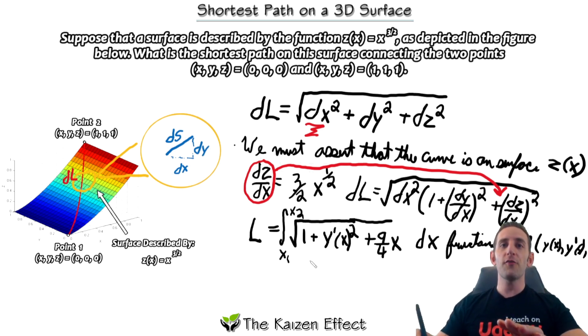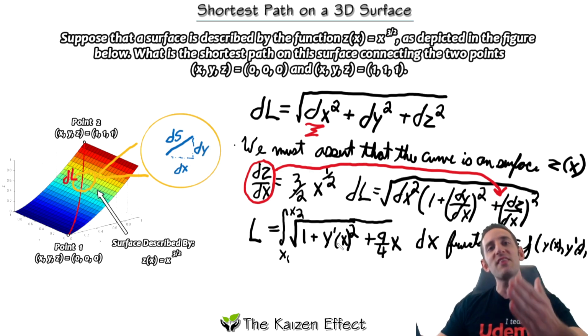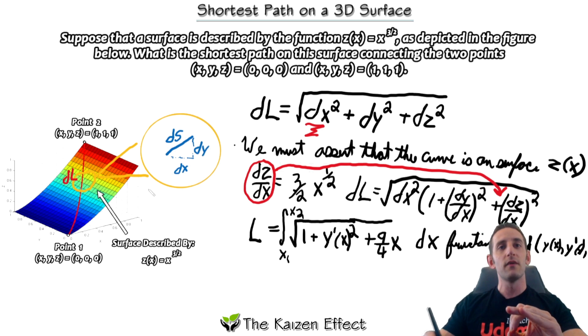Now all we need to do is, what's the name of the game? The name of the game is to use the Euler-Lagrange equation to minimize this functional and find the minimum distance between point 1 and point 2 on the surface, which is guaranteed because we made use of this surface equation z sub x. Let's do that now.